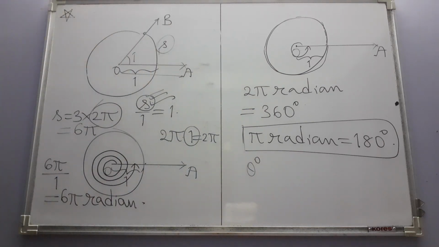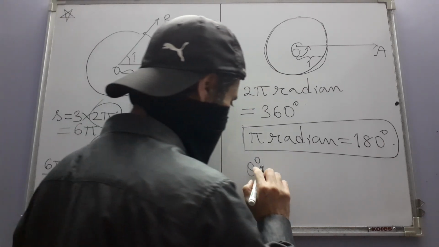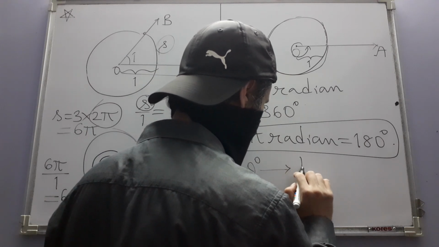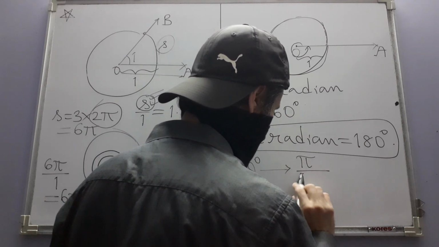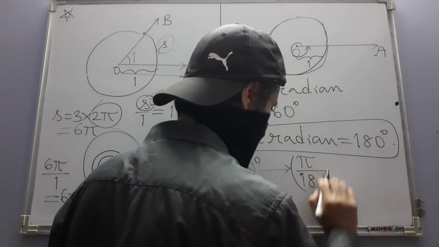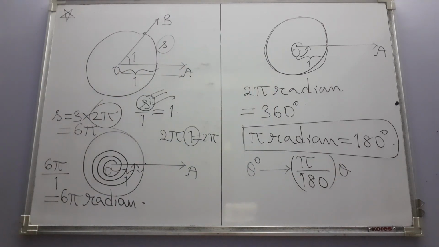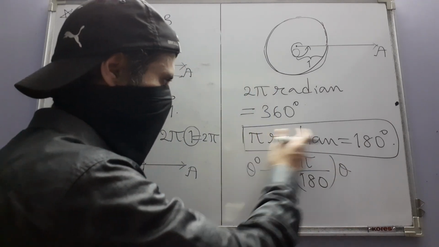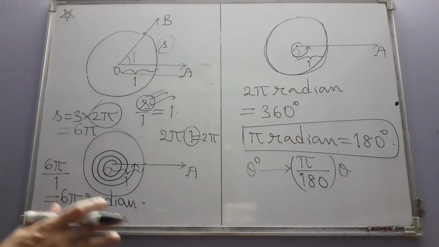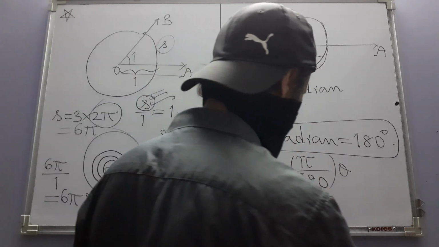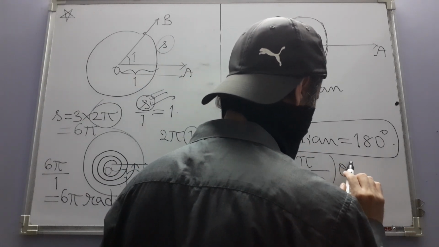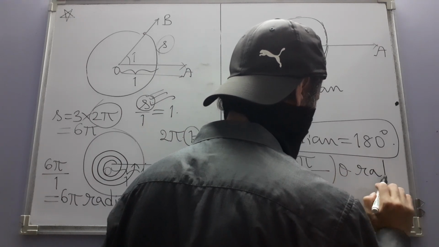the angular measure of a rotation in degrees, say theta degree, to turn it into radian, you multiply by pi divided by 180. Because from this relation, you can understand why we are multiplying theta by pi over 180 to turn it into radian.